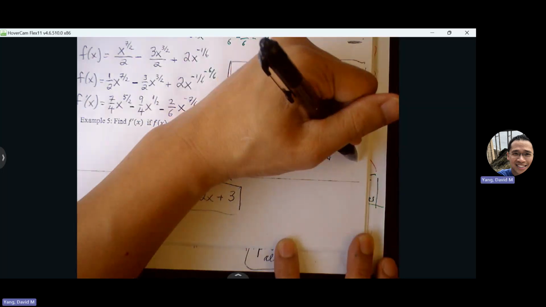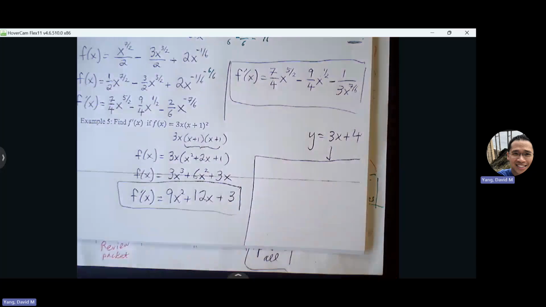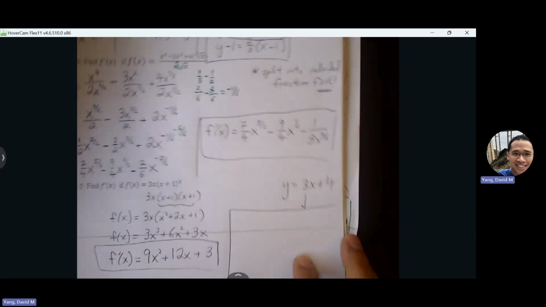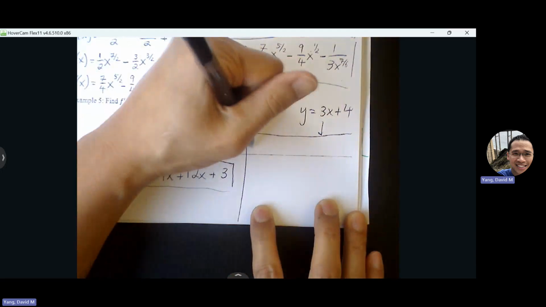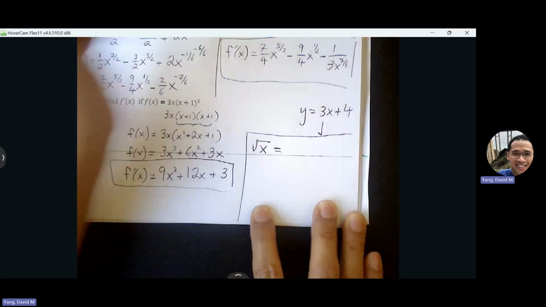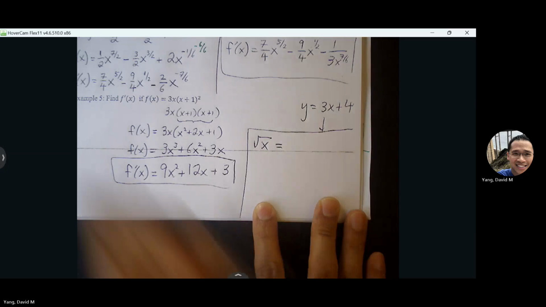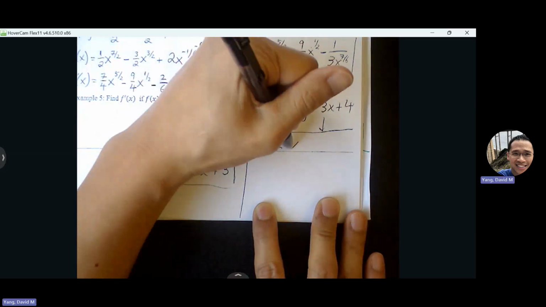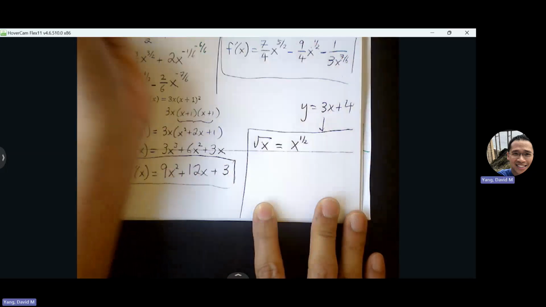Before we move on, I just want to talk about converting radicals to rationals and some of the trouble spots that students experience. Let me just go through a couple of them here. Square root of x, what's that? X to the 1/2, okay?